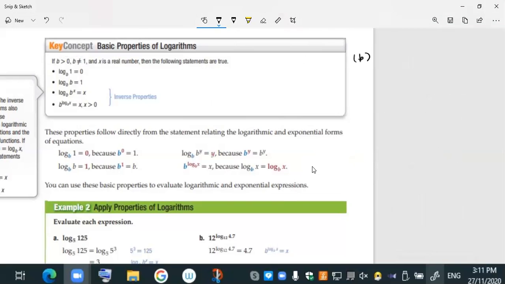Question B: 12 raised to power log 4.7 to the base 12.